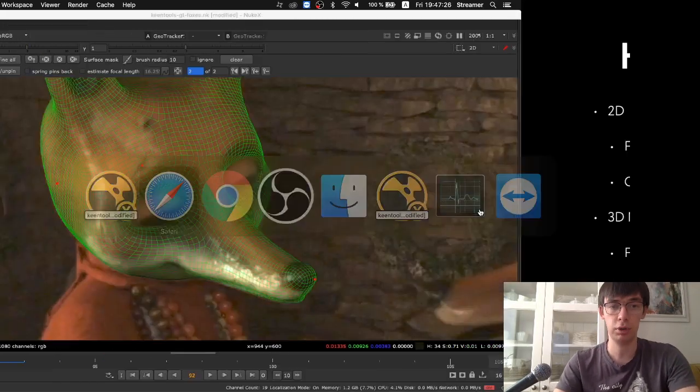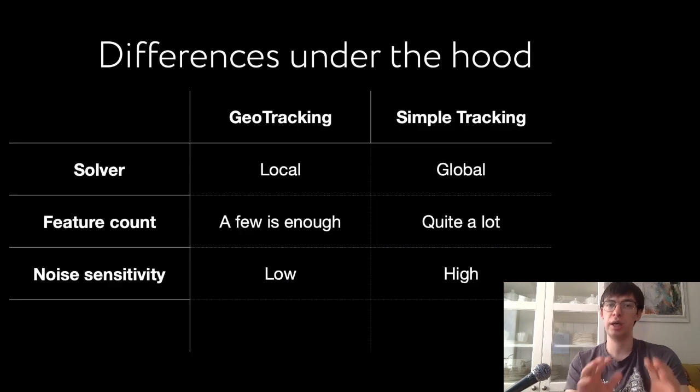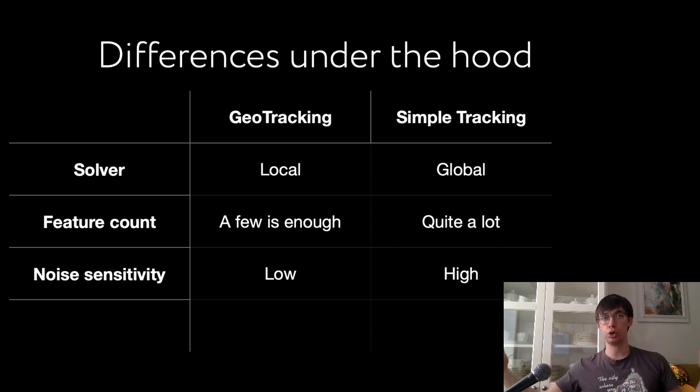But before, we're going to compare the different approaches. If you have geometry tracking, one very important thing is that the solver is local. Because when you don't know the 3D positions of the features, the only thing you know is that this position is the same on all shots.